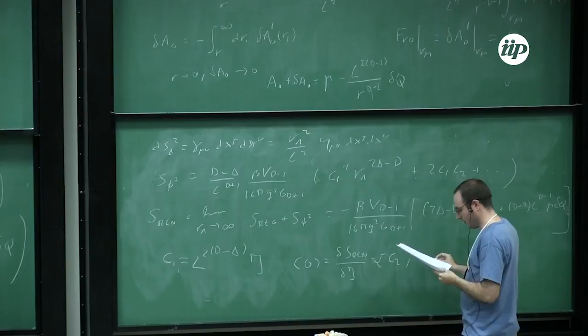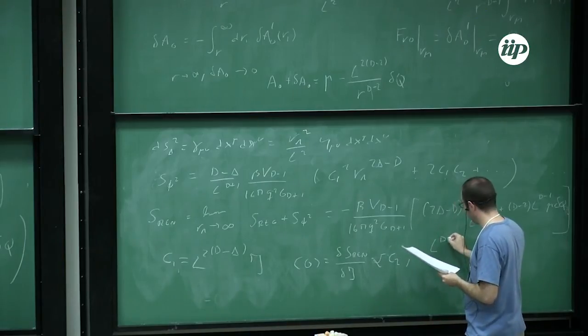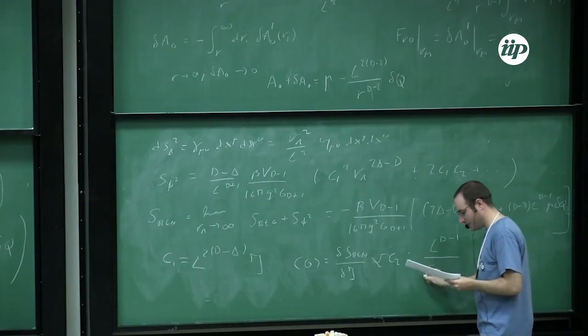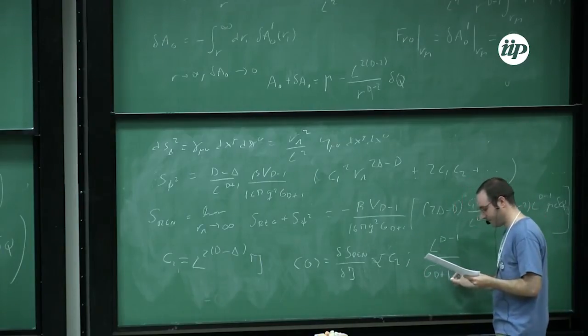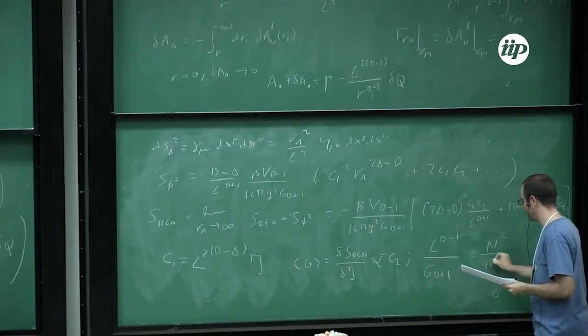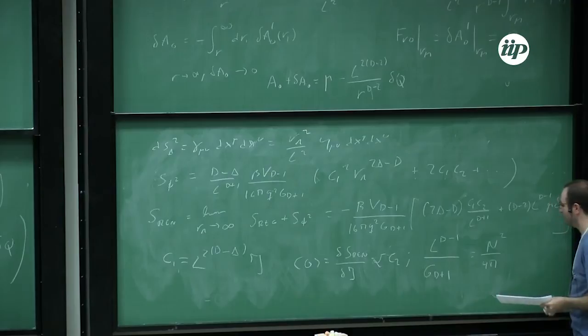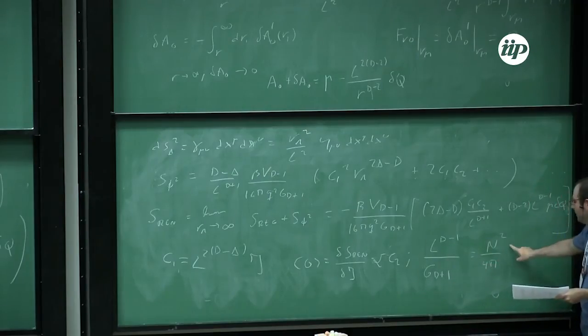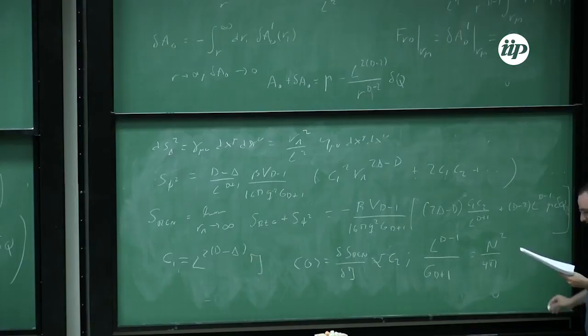And I'm going also to simplify the expression by using that in the usual dictionary, this radius to the d minus 1 over the Newton constant, you can identify with the number of colors squared over 4 pi. Okay, so I'm going to get rid of some factors of L and G Newton using this identification.